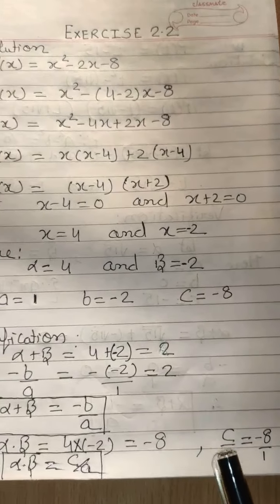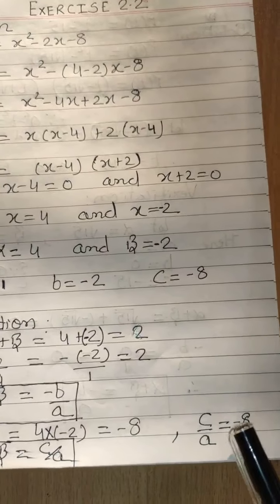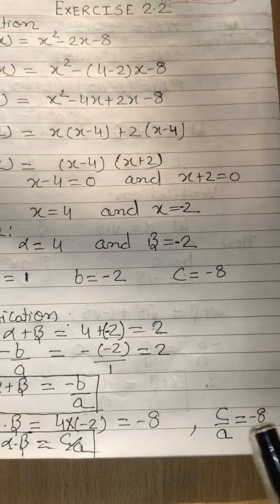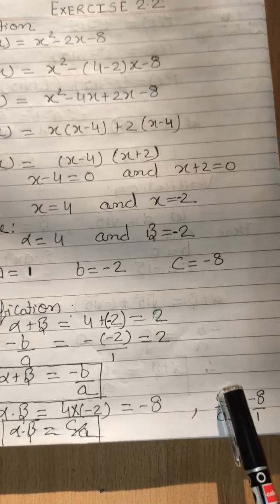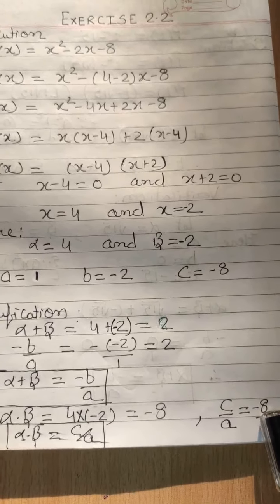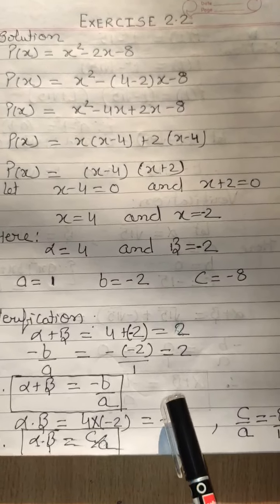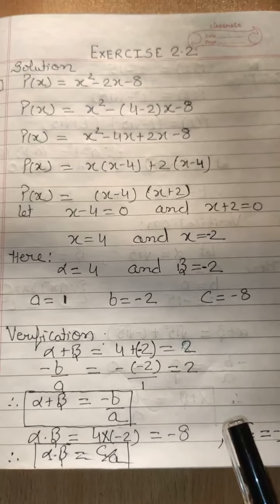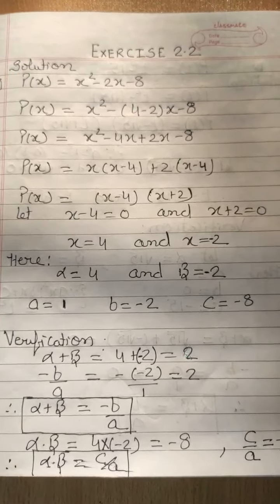C upon a, substitute the value of c, -8, and a is 1. So c upon a is equal to -8. What is the conclusion? Alpha into beta is equal to -8, and c upon a is equal to -8. So alpha into beta is equal to c upon a. Hence the relationship is verified, and the first part of question first is complete.